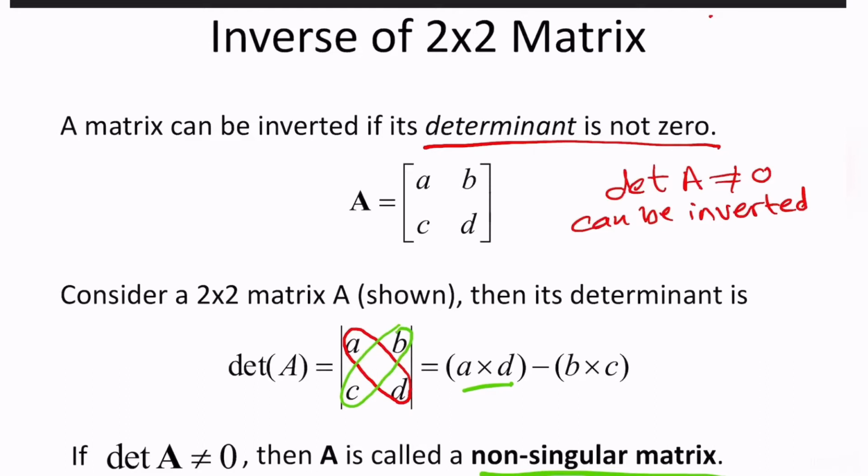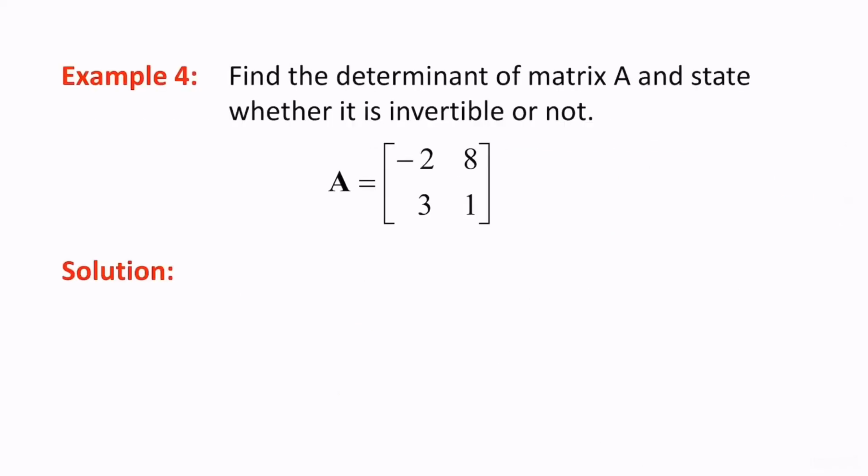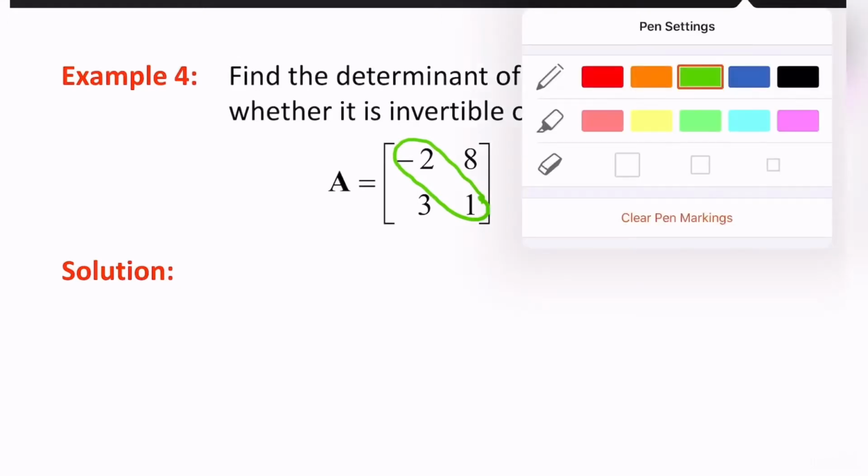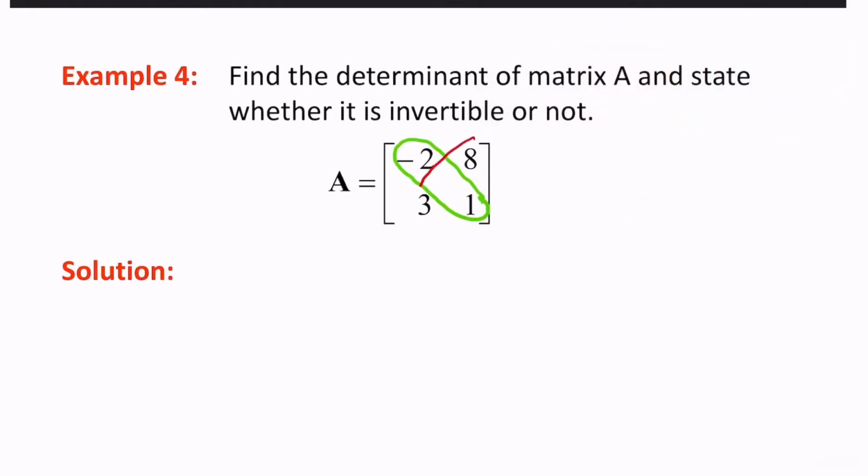Okay, right, let's see an example here. Find the determinant of the matrix A and state whether it is invertible or not. As we said, to find the determinant, we multiply this diagonal, which is minus 2 times 1, minus the product of the other diagonal, which is these two.